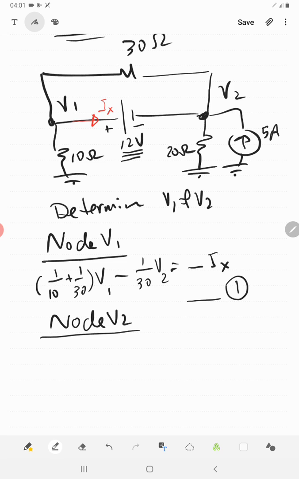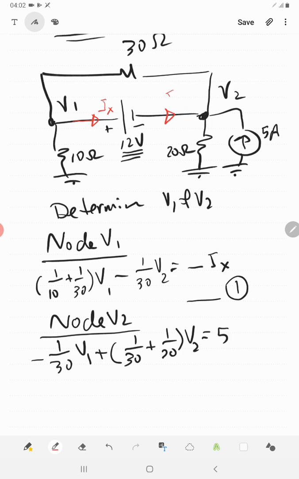Now we go to node 2. Node 2 is connected to node V1 through 30, so we say minus 1 over 30 V1 plus, now we have 30 and 20, 1 over 30 plus 1 over 20 V2 equal. We have 5 amps injected, and also Ix here is the same. This is Ix, injected also, so we have plus Ix, and this is equation 2.